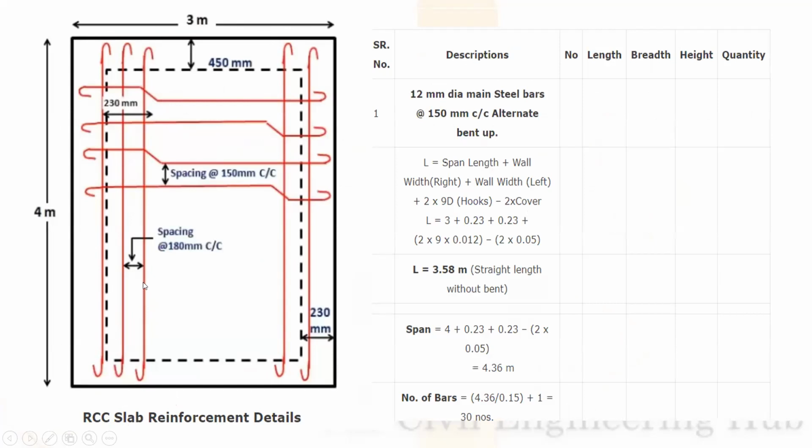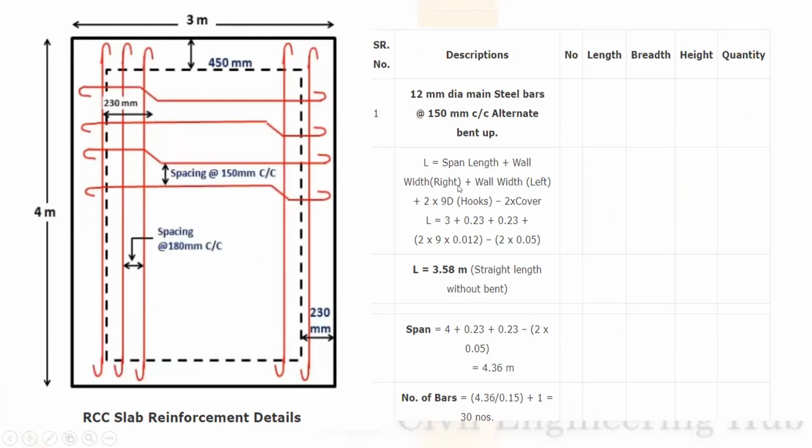Main bar, that is the bent up bar, will be 180 mm center to center. Then 8 mm spacing will be 150 mm center to center. If you see beam to beam, from the slab end to the beam face will be 450 mm center to center. How do we calculate it?